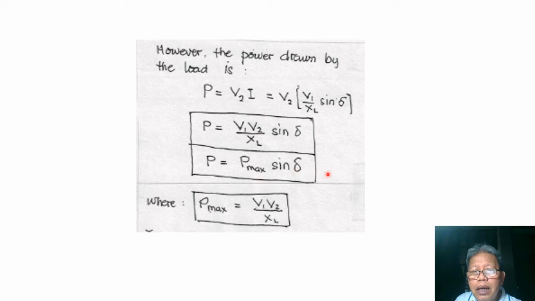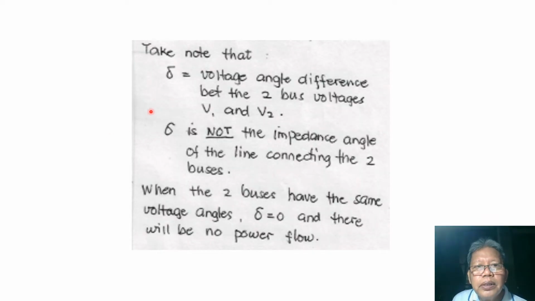So this is an equation relating the power generated by our generator and the rotor angle of our generator, which is the angle of the voltage at its terminal, V1. Now, take note that the delta here is the voltage angle difference between the two bus voltages V1 and V2.